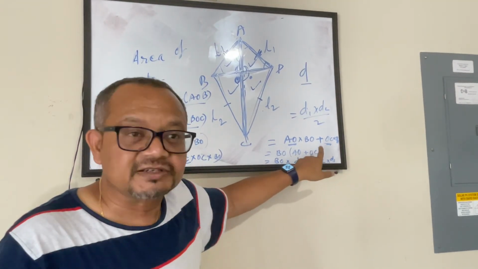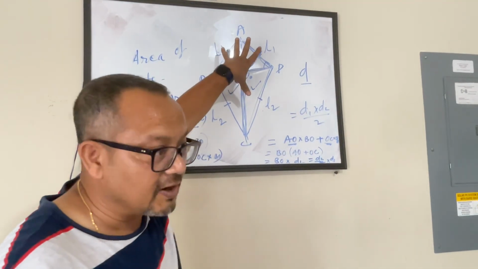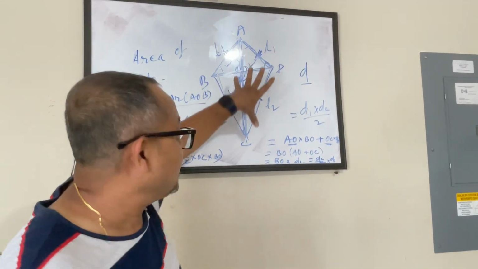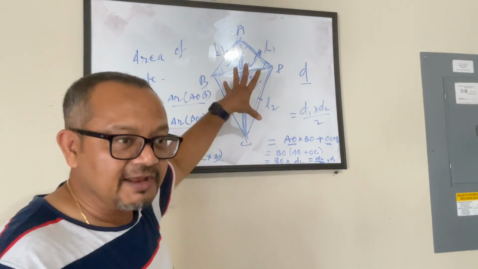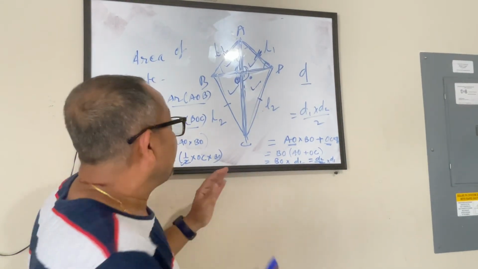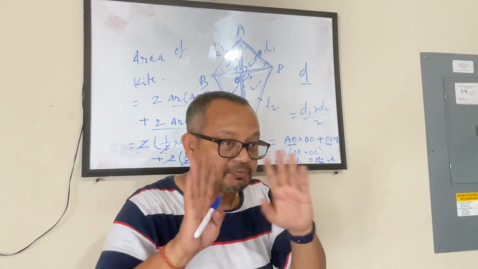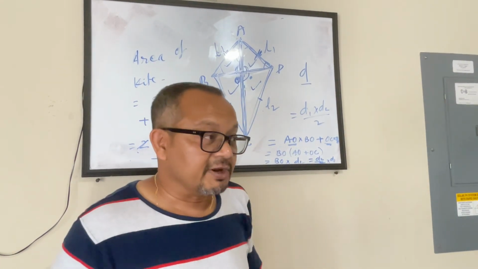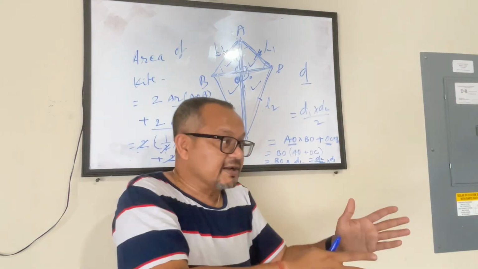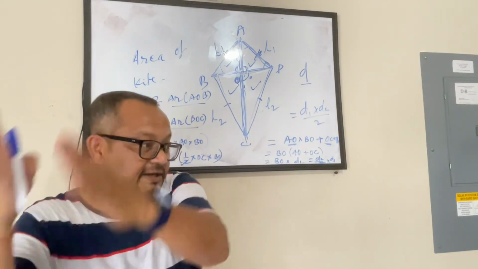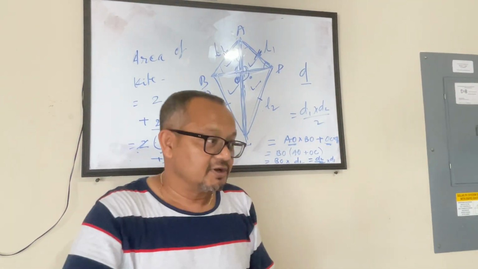Same thing happened this time also, when we were trying to find out the area of a kite. So now, whether you call it d1 into d2 by 2 or you call it p into q by 2, up to you. But the summary is, it's one diagonal multiplied by the second diagonal divided by 2.